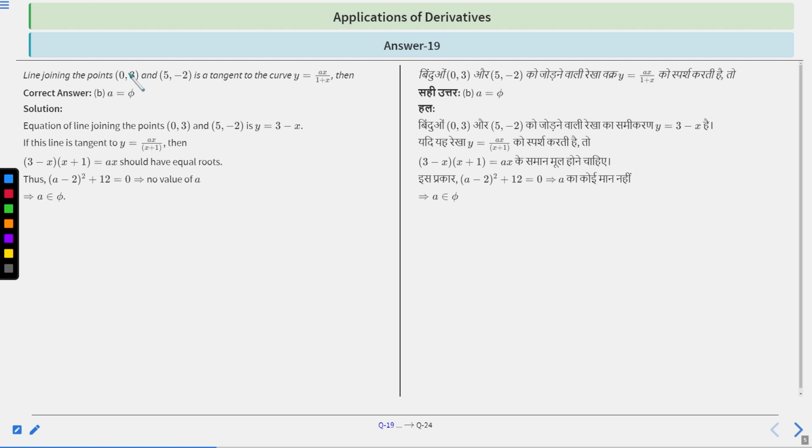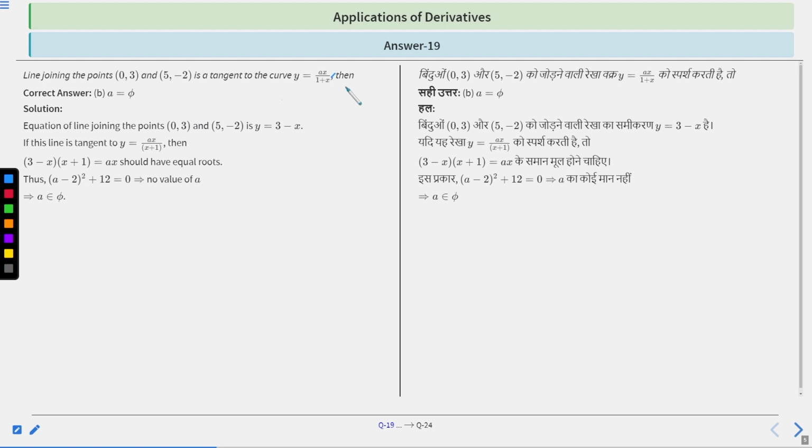We can also apply that method, that is to get the equation of line, to get slope of this curve using dy by dx and equate dy by dx with the slope obtained by using this point. By that method also we will get the value of a.